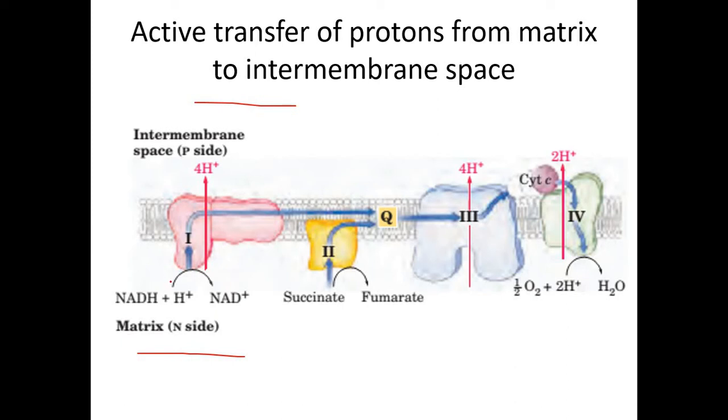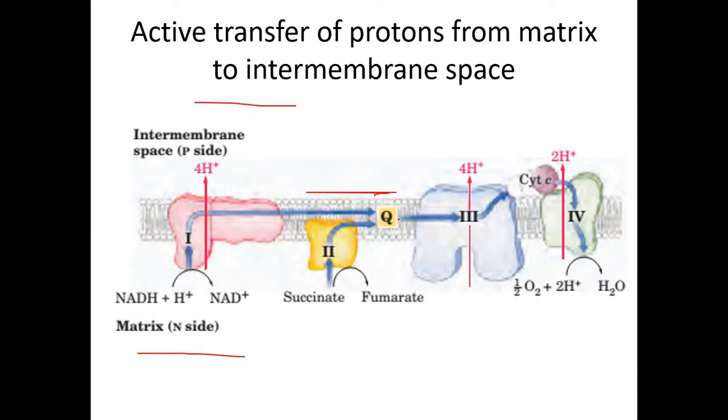Now, as we have discussed earlier, this is the movement of the electrons from NAD to ubiquinone and then to oxygen. In this case, oxygen has the highest reduction potential and NAD has the lowest reduction potential. Ubiquinone has a higher reduction potential than NAD.